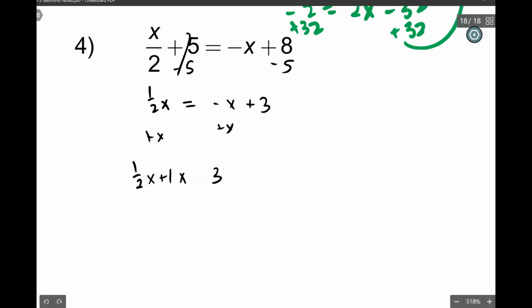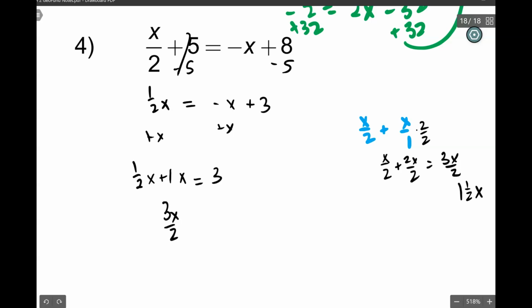I want to do the fraction over on the side. So if I have x over 2 plus x over 1, because that's just 1x and a half x, I can make a common denominator by multiplying by 2 over 2. So I have x over 2 plus 2x over 2. So that's going to give me 3x over 2, which is the same thing as 1 and 1/2 x.